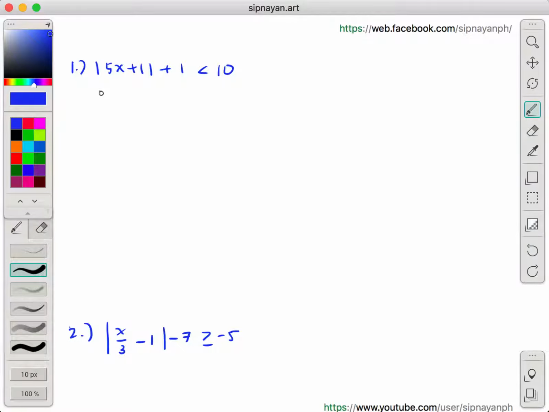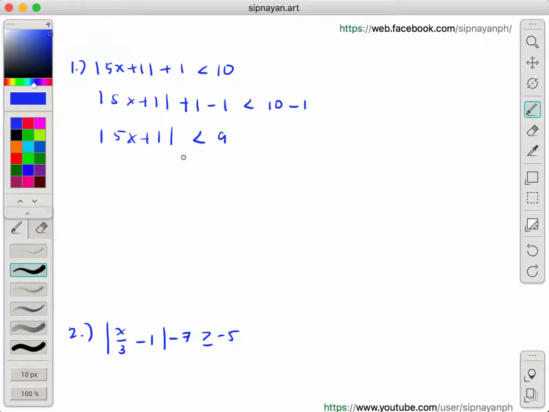So the absolute value of 5x plus 1, and then plus 1 minus 1 to remove the plus 1 outside, is less than 10 minus 1. When we subtract 1 here, we also subtract 1 here, by properties of inequality. So what remains is the absolute value of 5x plus 1, because the 1 outside becomes 0, which is less than 9.